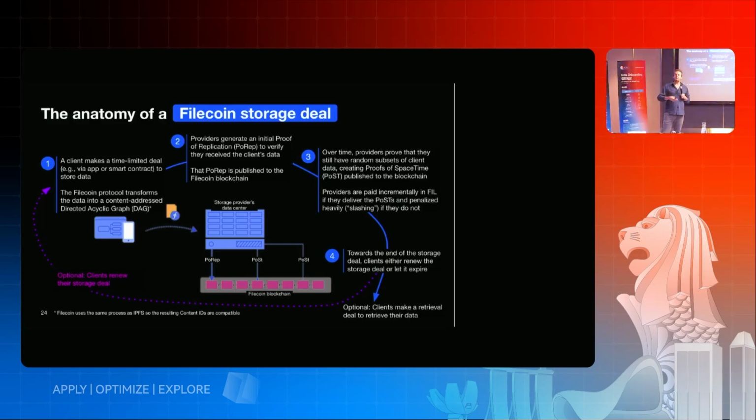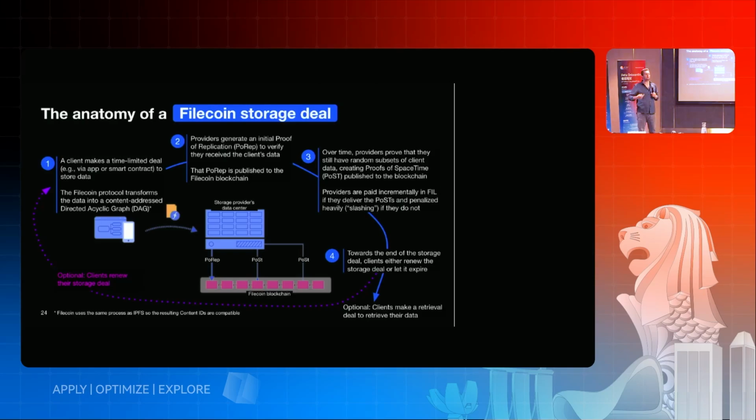And then every day after that, the storage provider will provide a proof of space-time. What is proof of space-time? Well, it's a cryptographic proof where the storage provider says, hey, I have your data in my data center at this period of time in this, literally in this memory space.